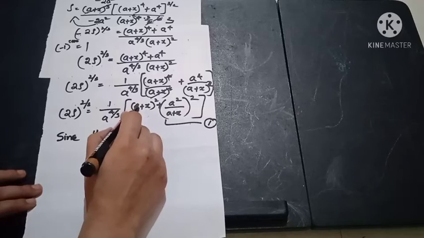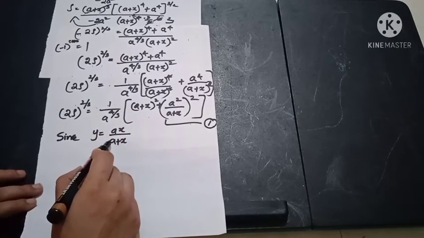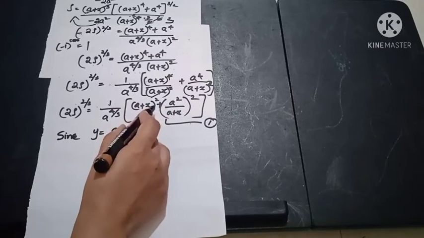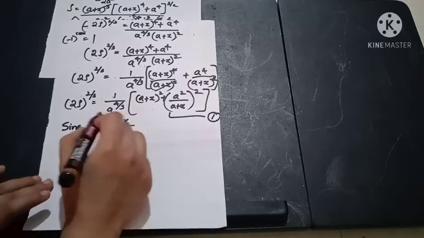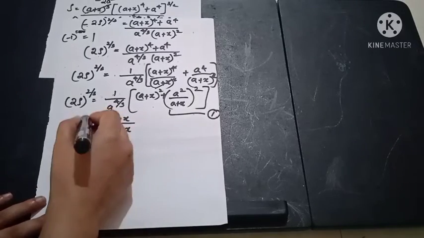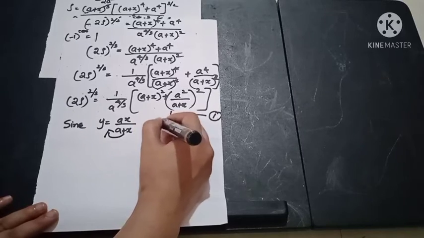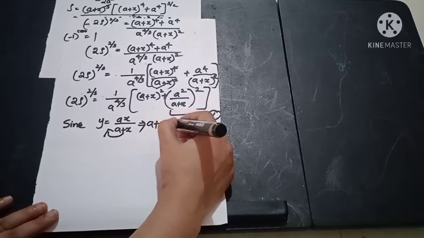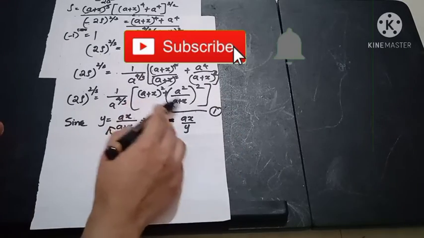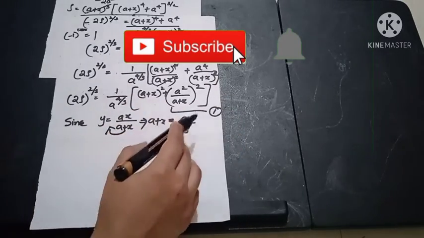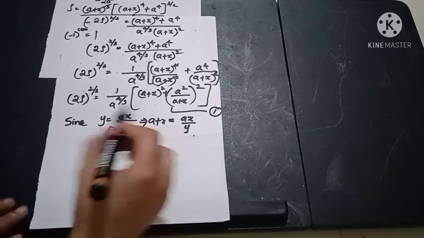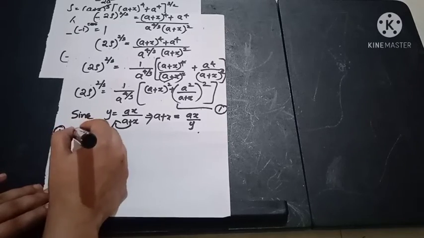For this curve, we'll find the value of a plus x by using this: y equals ax by a plus x, so a plus x is ax by y. So the value of the a plus x term in equation 1 is ax by y, because of the curve.